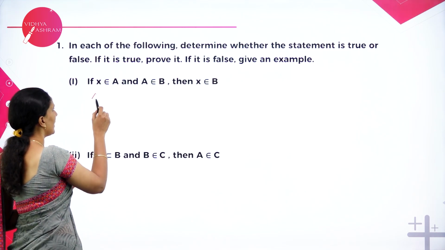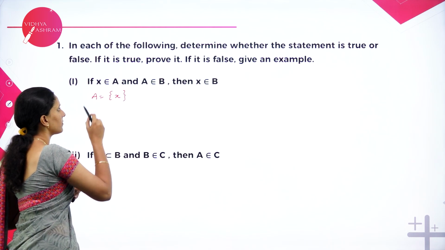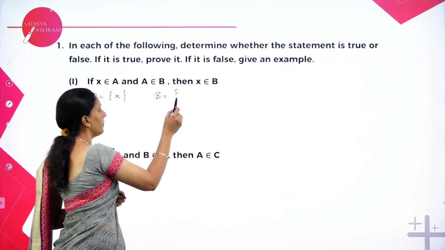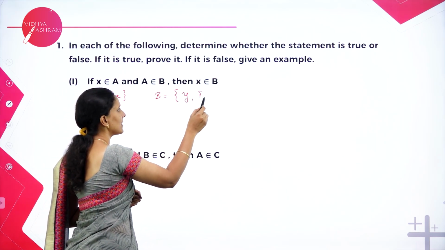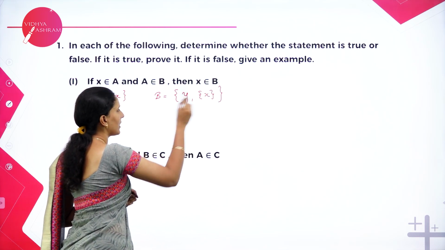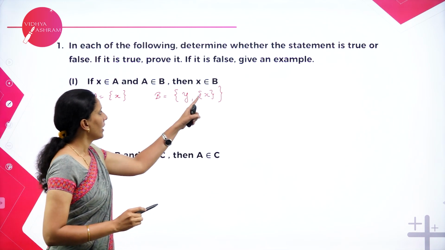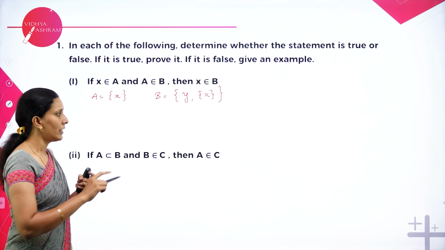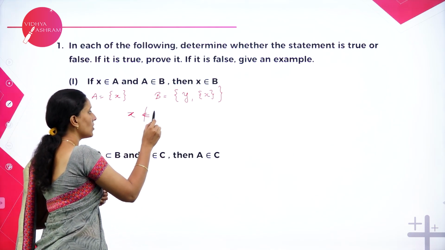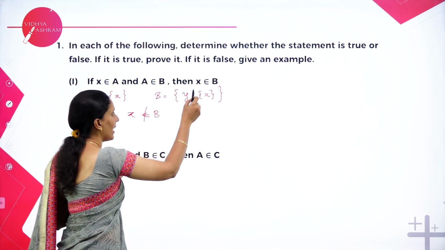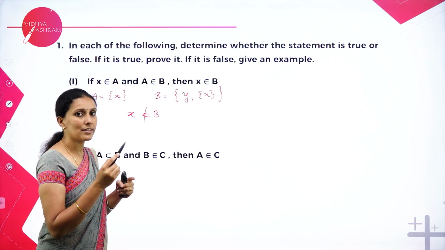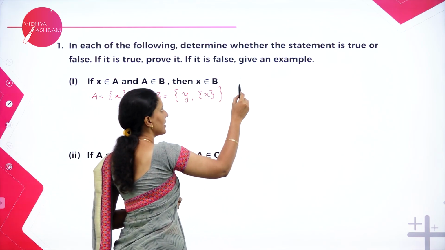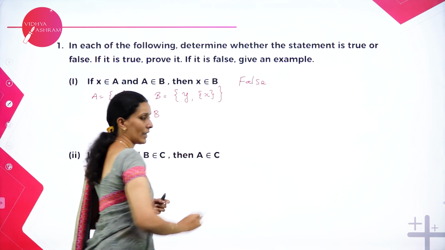Now assume that the set A contains the element X, and A belongs to B means let B be a set containing Y as well as X. So clearly X is nothing but your set A. Now set A is in B but the element is not contained in B. That means here clearly we can see X is not an element of B but the set containing X is. The set containing X is an element of B but individually the element X does not belong to B. So therefore clearly we can see the given statement is a false statement.